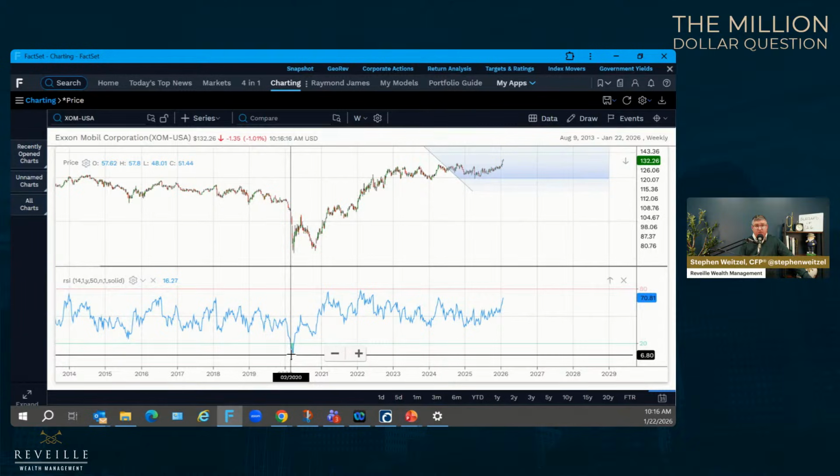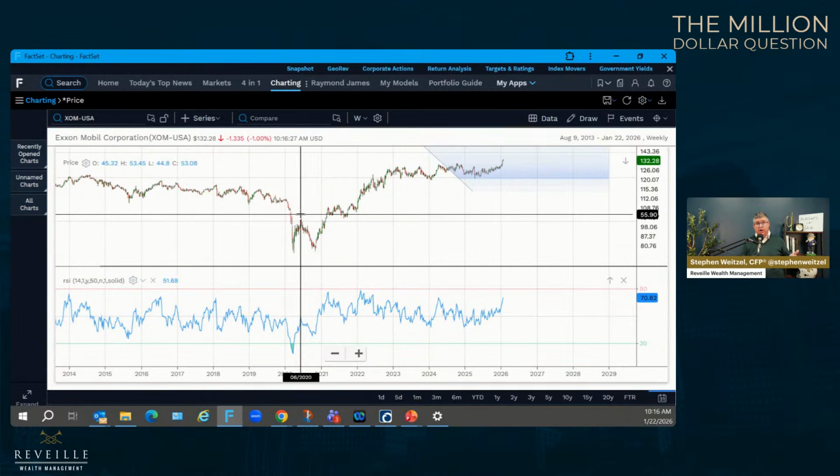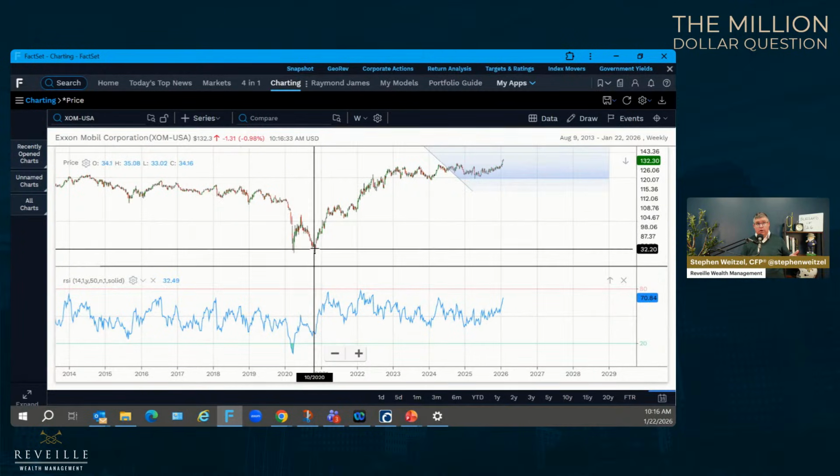The mere presence of that oversold condition shouldn't have compelled you to say you need to go in and buy this thing without equivocation. We did see a temporary pop that was pretty good, but it rolled back down and essentially came back to the same levels. Exxon ends up at the same price in October, November of the same year.